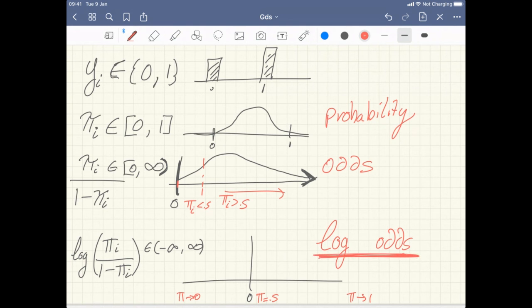So the log odds can give us something where our distribution looks way more normal, even for really extreme values of pi. If we model the log odds of something happening using a normal distribution, you get a logistic regression.